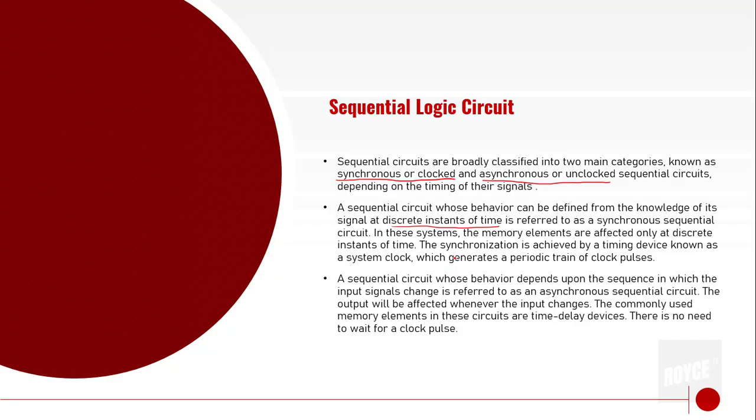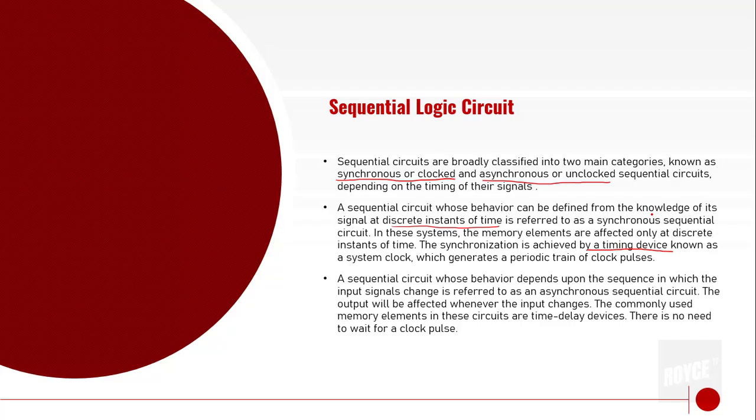Okay? So, paano yon? Ibig sabihin, to attain synchronization between the logic levels, there is a timing device. We have a clock for that system. And yung pag-change nung state ng bawat logic gate or ng bawat stage in that circuit will be timed by the clock.